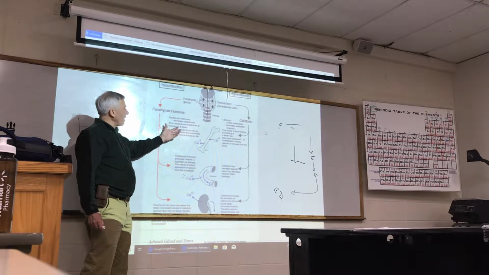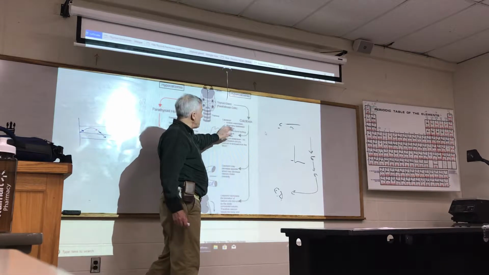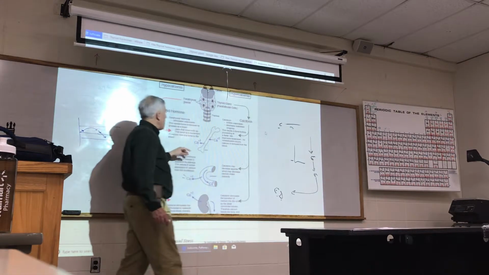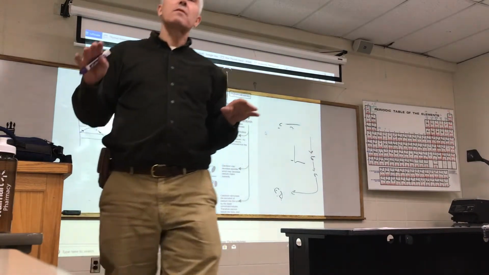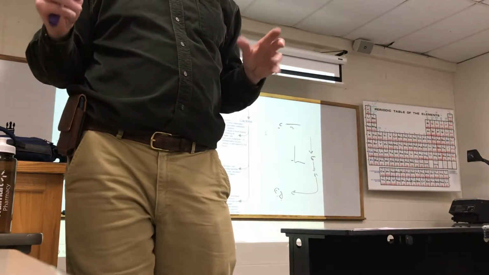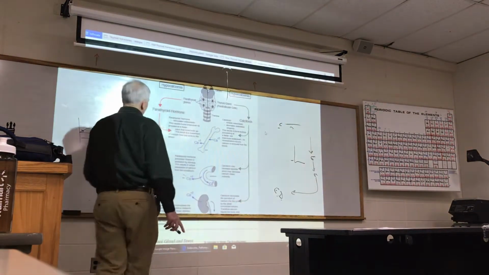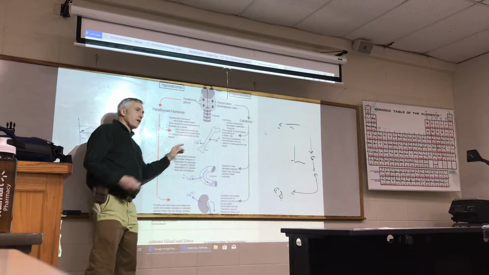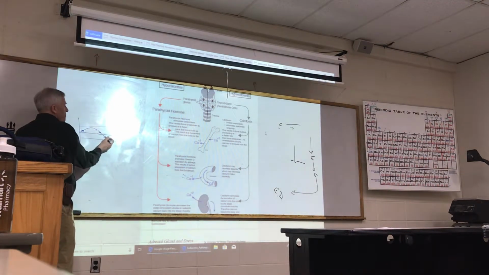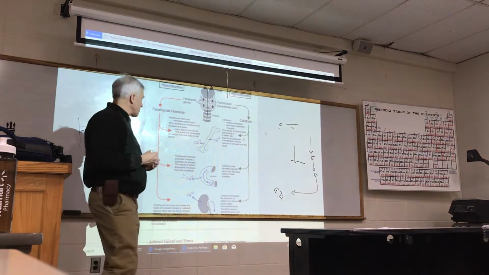Okay, and the result is because of that stimulation, and because of the lack of the calcitonin, bone breakdown exceeds bone buildup. And as I begin to digest and break down the bone, calcium is released into the bloodstream. And the result is I begin the process of bringing blood calcium back up to the set point.